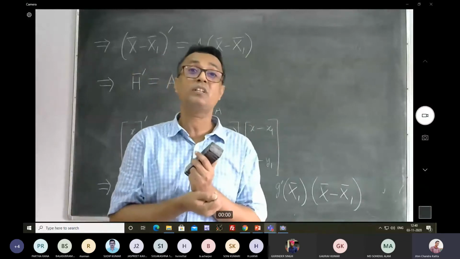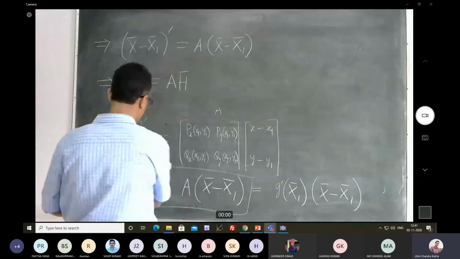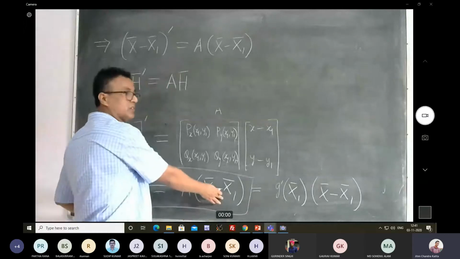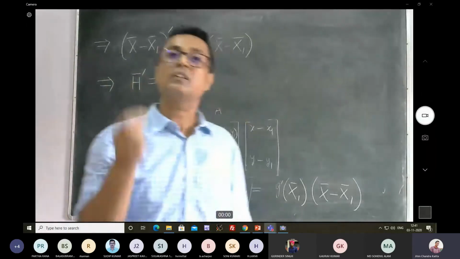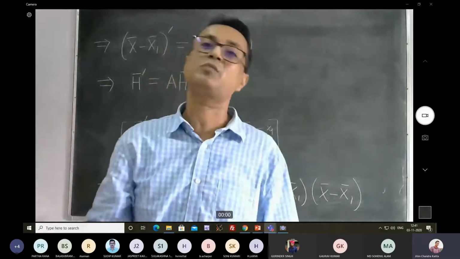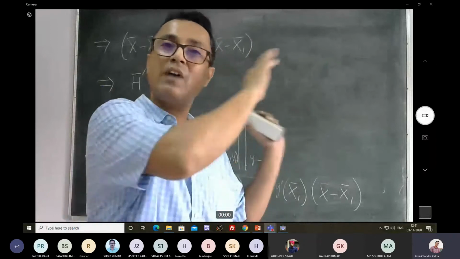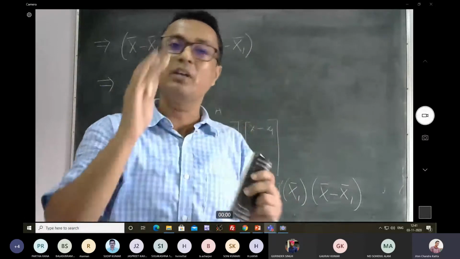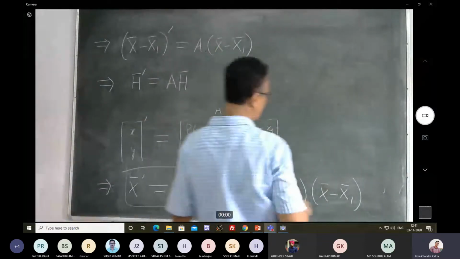Remember, the critical point didn't come from this equation. We already had assumed that x1, y1 is a critical point, irrespective of whatever happens. It came from simply equating the right hand side of the system of equations to 0. That's it.